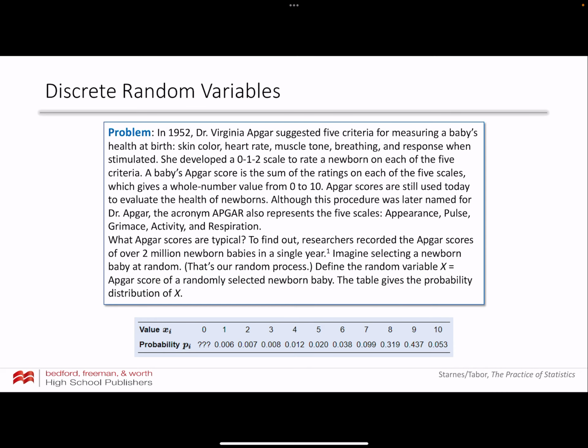So let's look at an example. I'll leave this up here for a second. Take a minute and read this. So maybe you've heard of an APGAR score, maybe you haven't, but like it says here, every newborn is given an APGAR score.